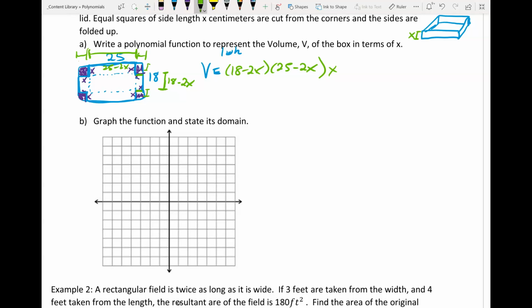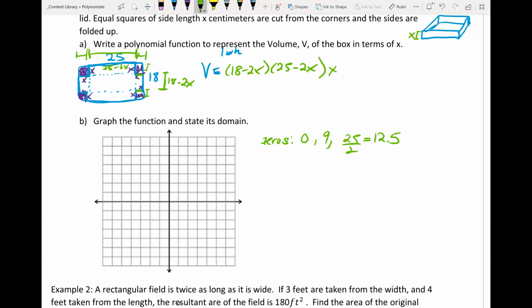We're going to think about the zeros of this using our multiplicity method. So your zeros are 0 from the x here, and then from 18 minus 2x, that's going to be 9. From 25 minus 2x, that is going to be 25 over 2, which is 12.5. Those are our three zeros.